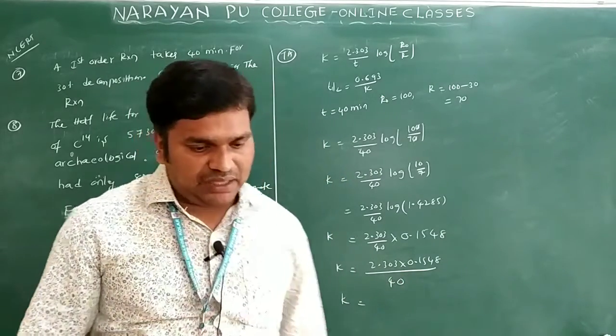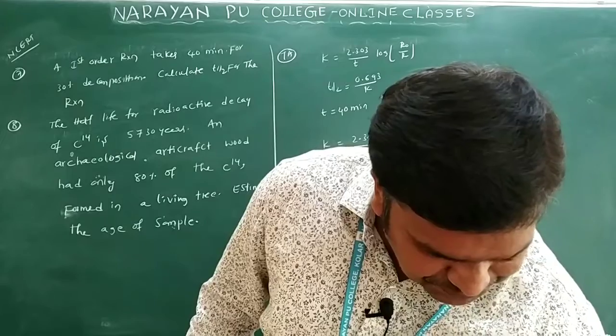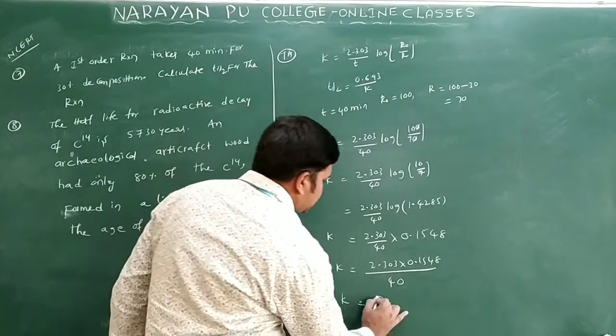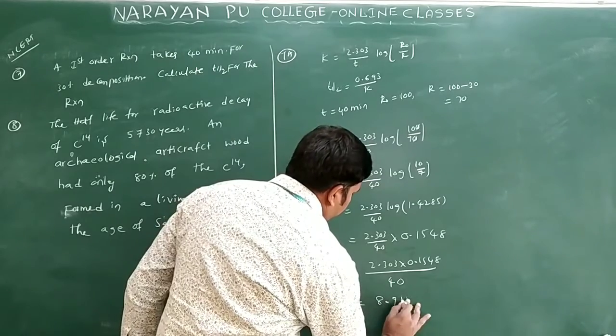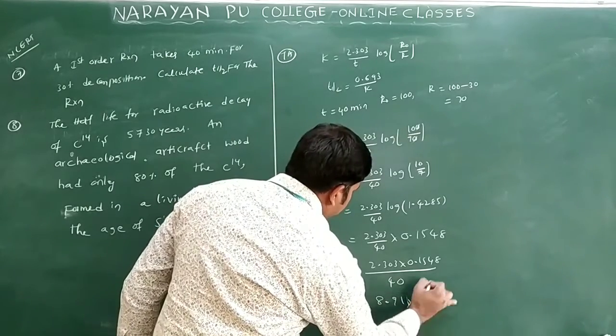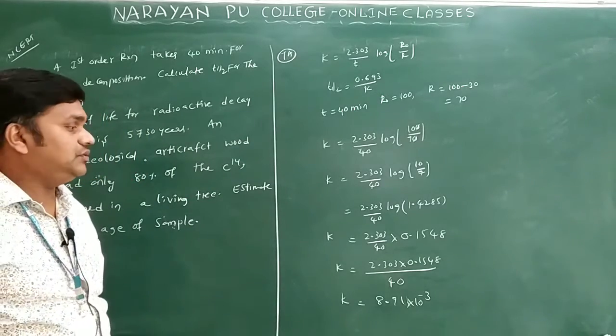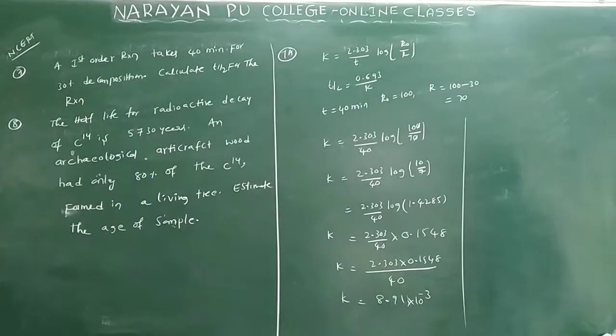Do this calculation part, you will get here 8.91 into 10 power minus 3. So this is the K value. K is equal to 8.91 into 10 power minus 3.